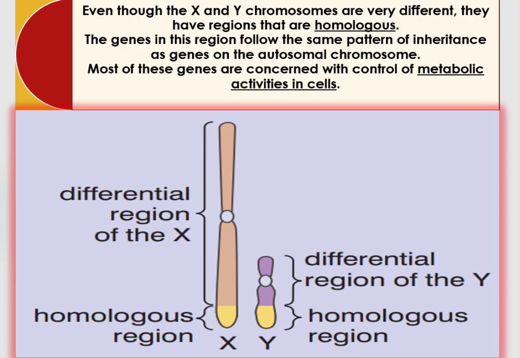As you can see from the picture, the X and Y chromosomes have a differential region and a homologous region. Genes on the differential regions of the X and Y chromosomes are extremely different, but the gene sequences on the homologous region of the X and Y chromosomes are the same.